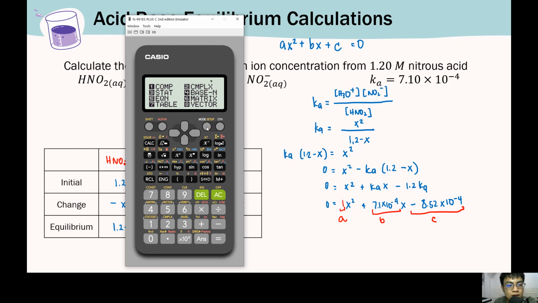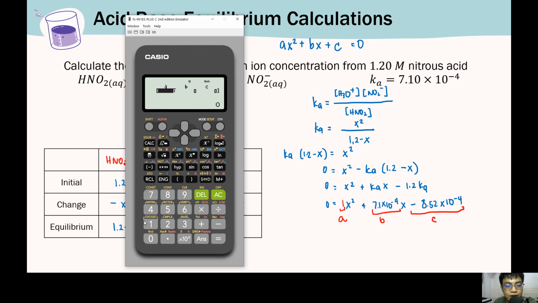So we press mode, then press equation, then press ax squared plus bx plus c because this is a quadratic equation, and we can see this screen. In it you have your a, your b, your c. Whatever those values are, you have to plug them into those cells.